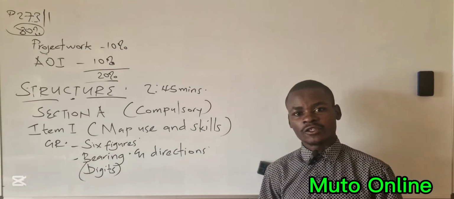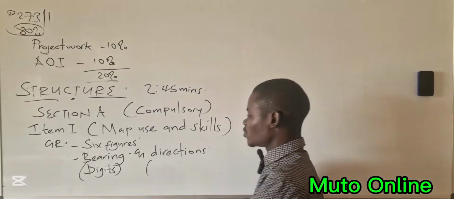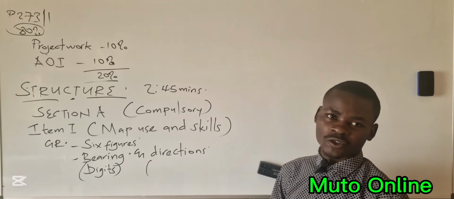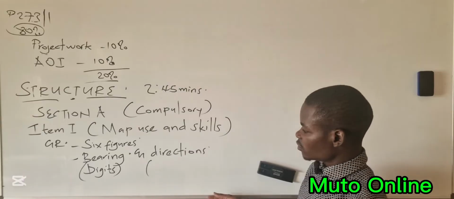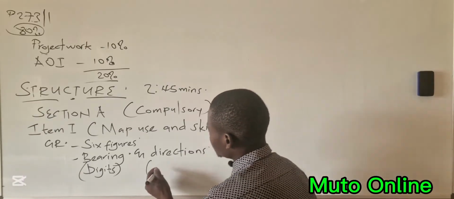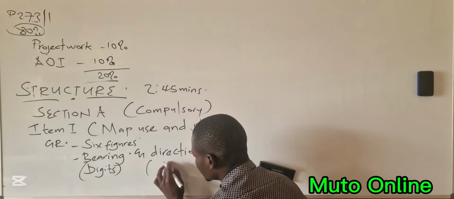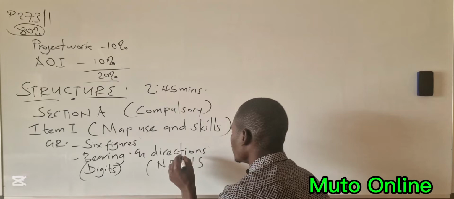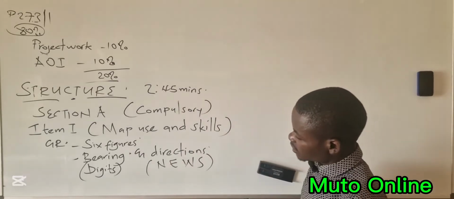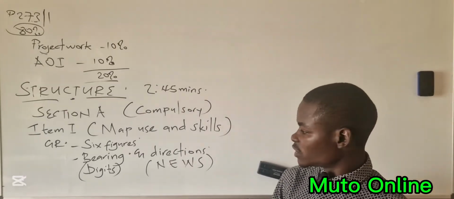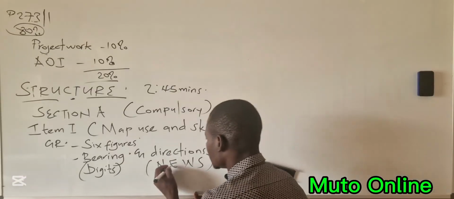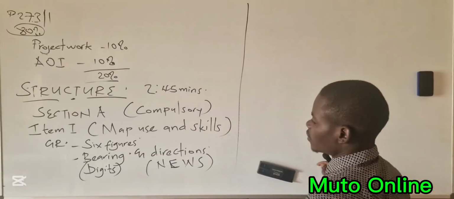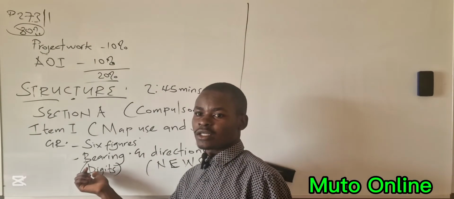If it is directions, of course, we use these normal directions that we've been looking at even in social studies when you dive back to the primary level. So we shall be using these cardinal points: north, east, west, south, and even these others: northeast, northwest, southwest. These describe what we call direction. Okay, so that is all about bearing.